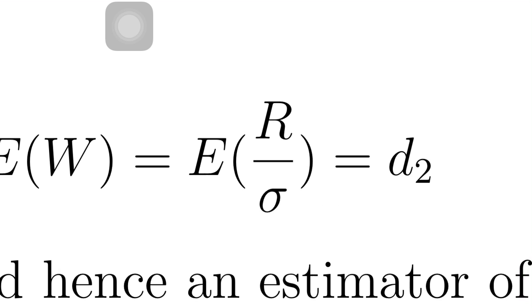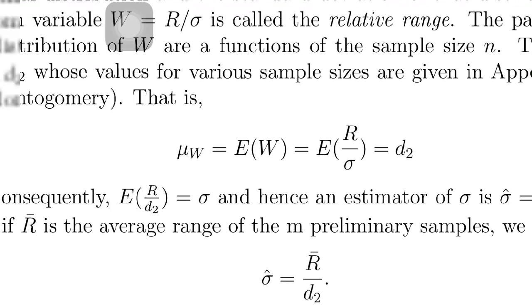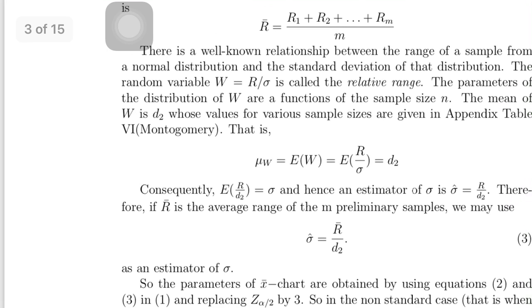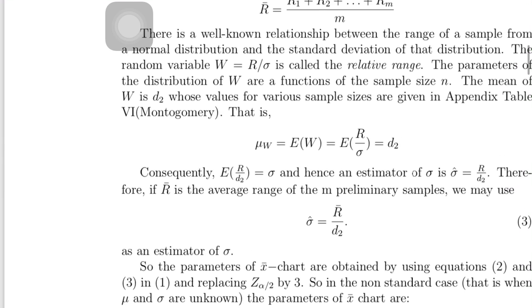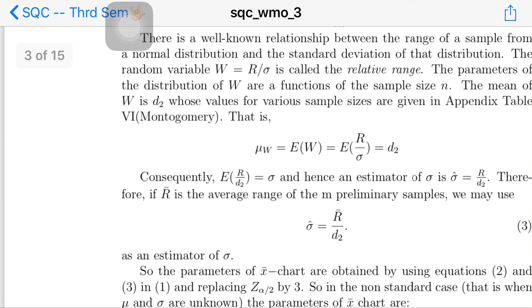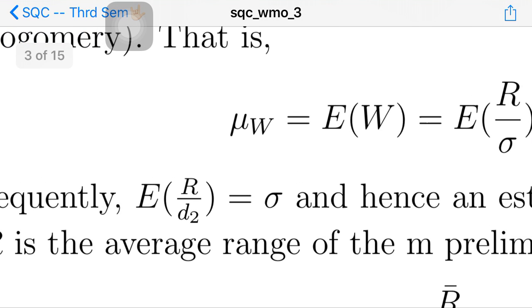For various sample sizes small n, we can read the value of d2 from statistical tables. We use Montgomery's table. So consequently, this expectation of R by d2, where d2 is a function of small n and so a constant, is equal to sigma.